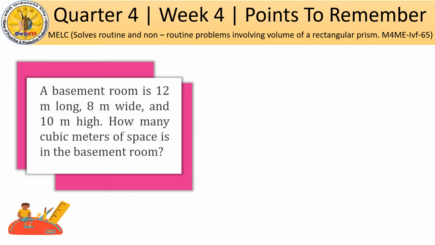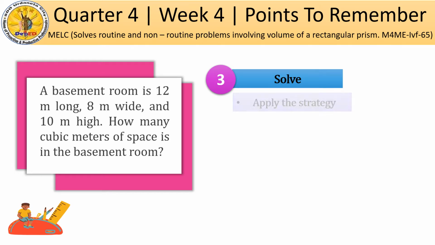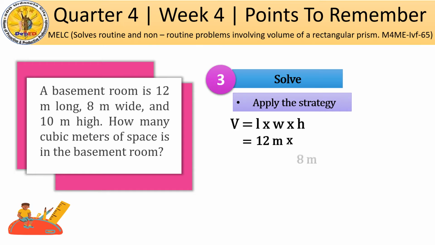So what is the next step? Very good. The next step is we're going to solve the problem. We are going to use this formula: volume equals length times width times height. So volume is equal to 12 meters long times 8 meters wide times 10 meters high.